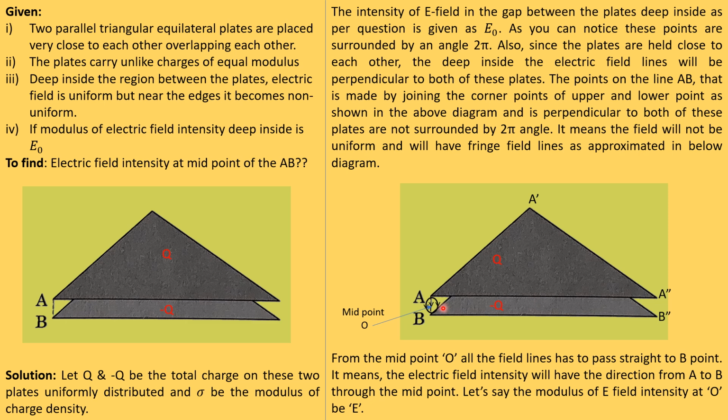To make this point encircled with 2 pi, to make it deep inside, we will add the equilateral triangular plates in pairs. We will start adding from here, and encircle it entirely.